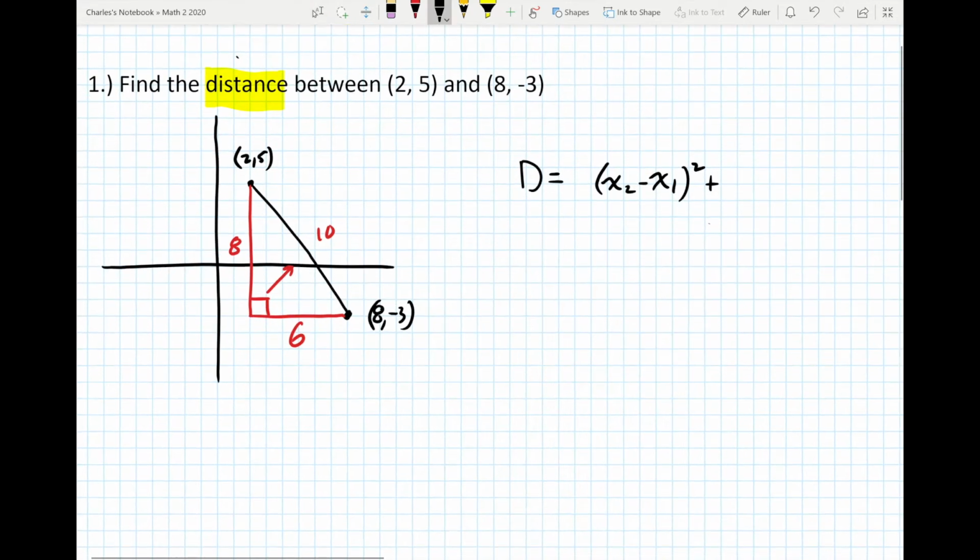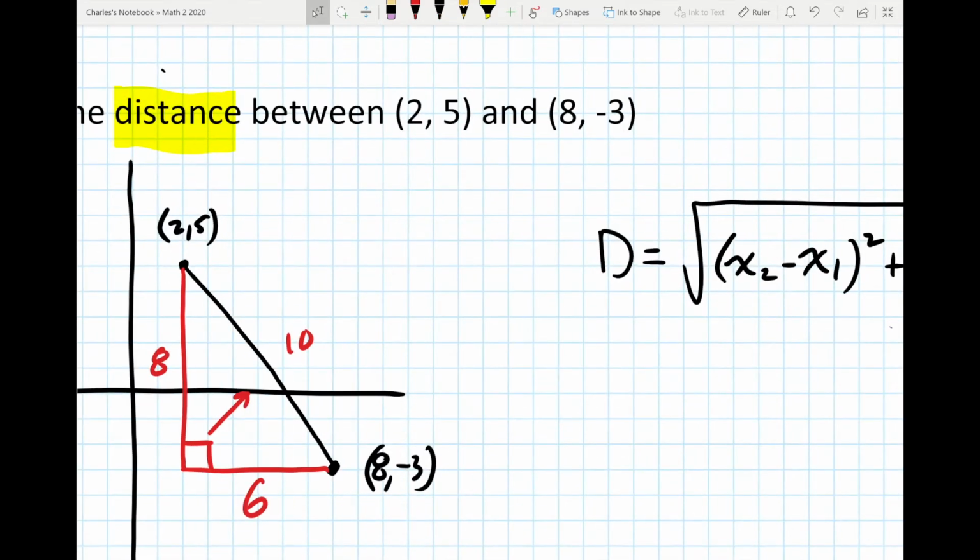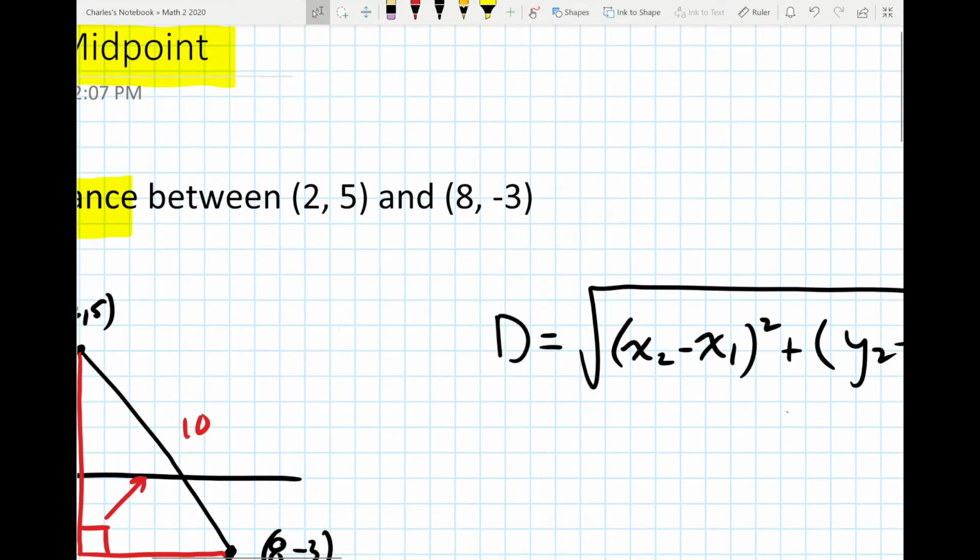The distance, midpoint and slope formulas are all related in the notation they have. Distance is the square root of (x2 minus x1) squared plus (y2 minus y1) squared. When I'm looking for the distance, I'm always given 2 points. You can think of point 1 and point 2, and each point has 2 different parts.